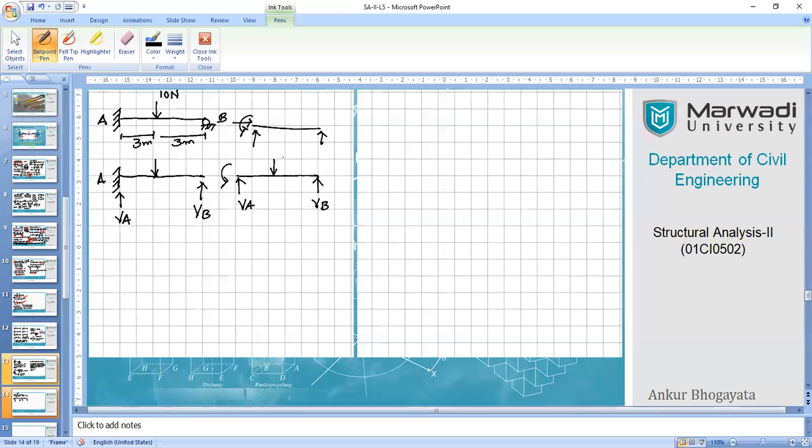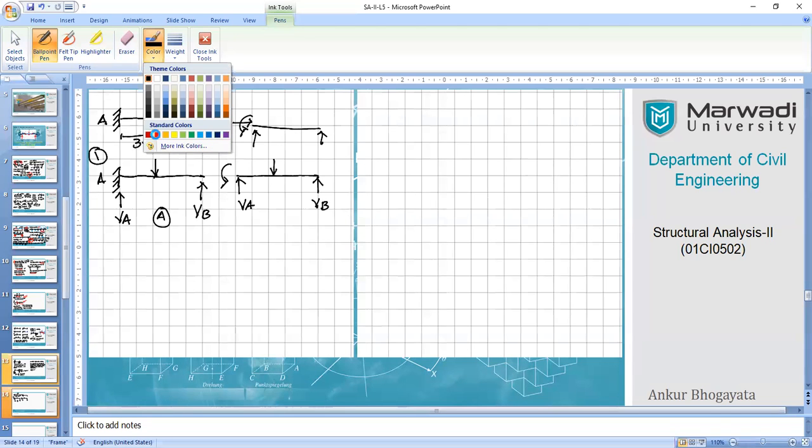The only point you have to remember is, when you are solving propped cantilever beams, the first step is to make the structure determinate by identifying the redundant or additional condition. In option A, you have VB as the additional requirement.